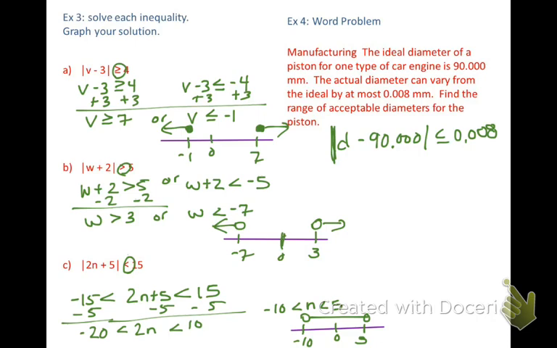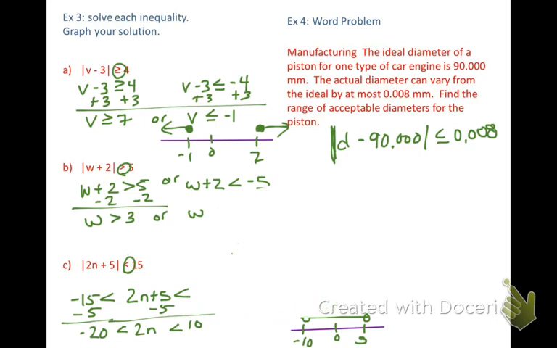And then you have to do your work. So you're going to have D minus 90 is less than or equal to 0.008, and D minus 90 is greater than or equal to negative 0.008.